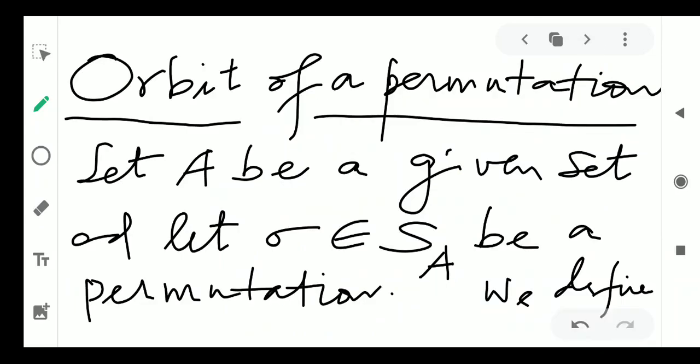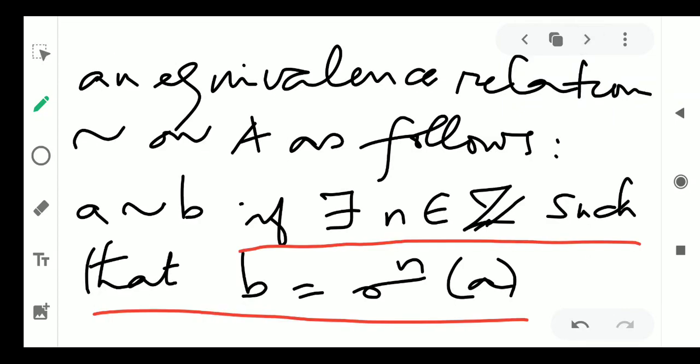Orbit of a permutation. Let A be a given set and let sigma belong to S_A. That means sigma is a permutation on A. We define an equivalence relation tilde on A as follows. a is related to b if there exists an integer n such that b is equal to sigma raised to n of a.